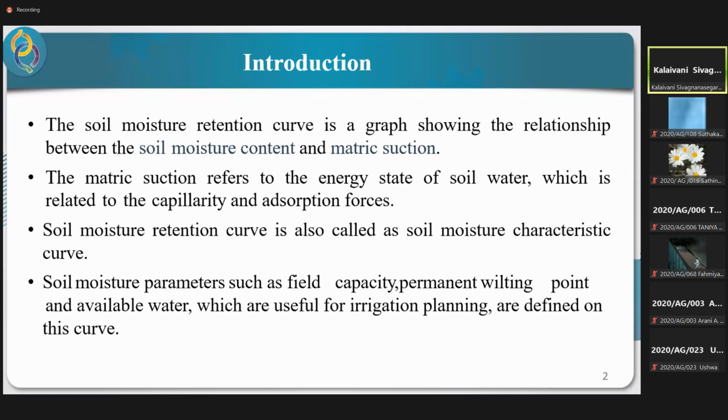Okay, so what is the composition of soil water? Normally, what is the range of water or moisture that is found in the soil?